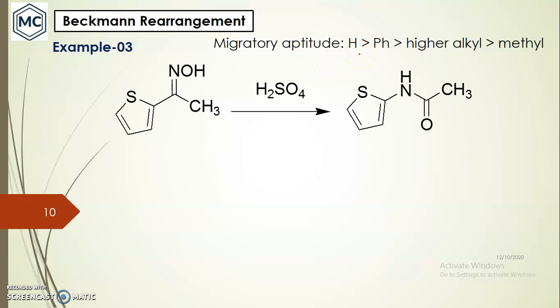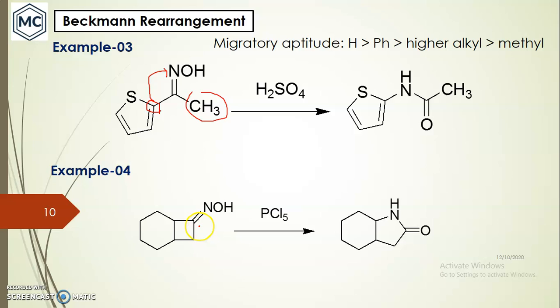Hydrogen has more migratory aptitude than phenyl, than higher alkyl, and that is electron rich, than methyl. So in this particular case, this is a primary alkyl group, and this is a secondary alkyl carbon. So the secondary alkyl carbon gets migrated to the electron deficient atom, and you get this product.